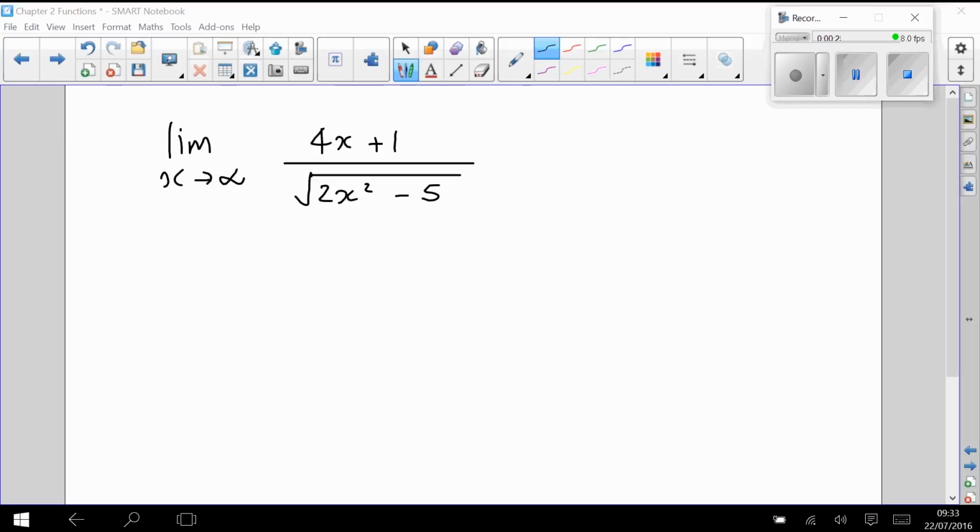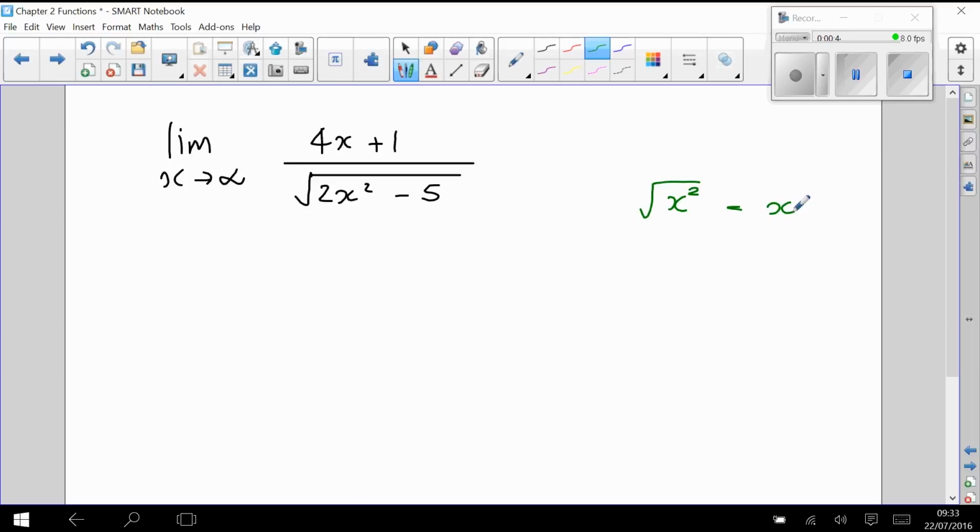Now what you need to remember is, if I had the root of x squared, the answer is in fact going to be x. So if I have an x squared underneath a root sign, that's the same as having an x anywhere else in my expression.